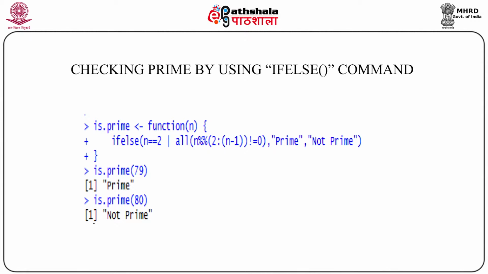If either of these two happens, then the value will be prime and otherwise it would be not prime. Like here, if we put 79 inside the is.prime function, then it will tell that it is a prime number, whereas the function will tell us that 80 is not prime.